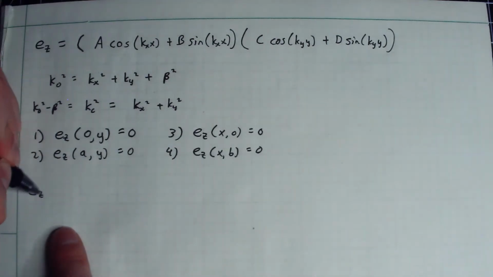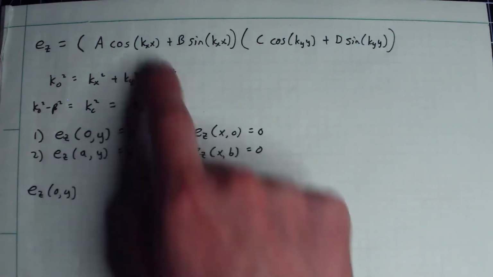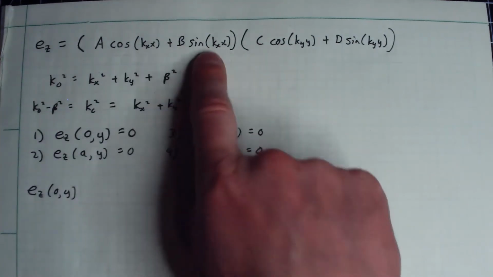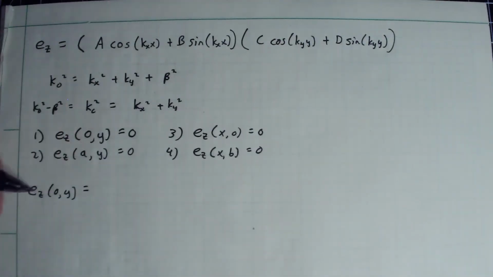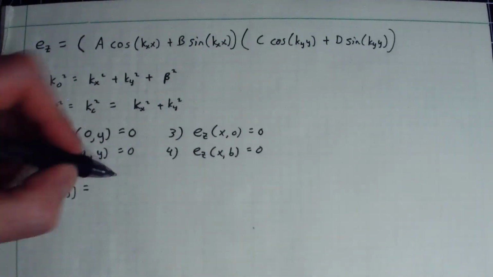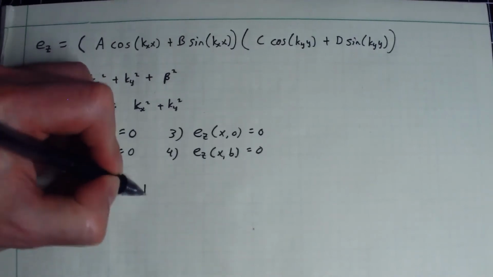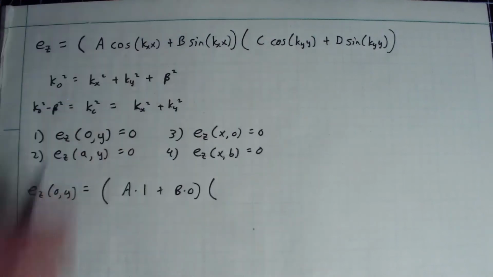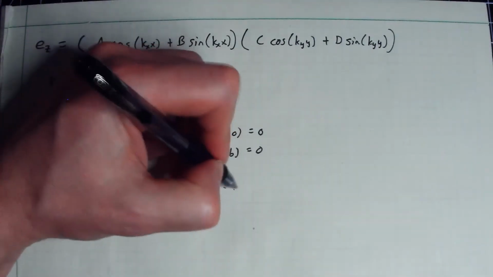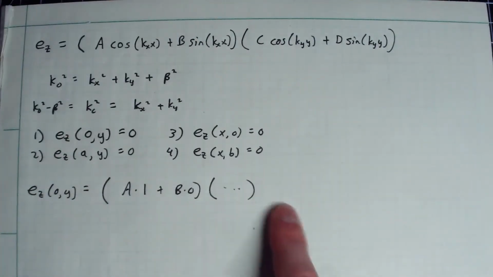So E_z of 0, y, just plug in 0 for x. And you notice this term goes away, that term becomes a 1. So we'll just get the following: a times 1 plus b times 0, times this stuff here, which doesn't matter, it's just some function of y here. And this is going to equal 0.